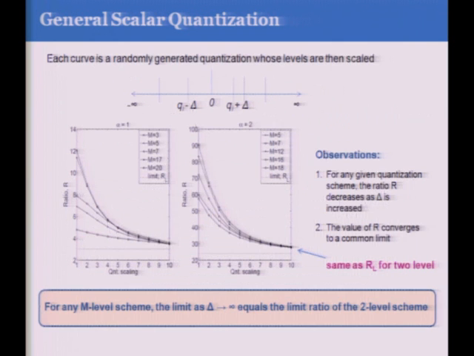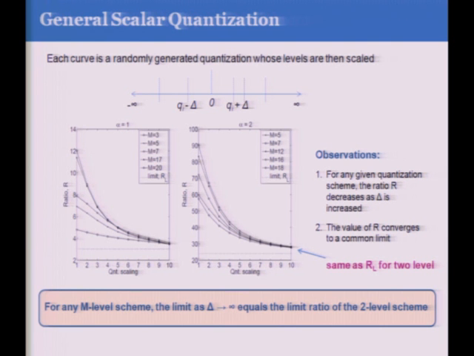Now, let's play the same trick again. In this plot, I randomly pick some m and randomly generate some quantization levels, so each of these curves is a random m and random quantization levels. The y-axis is the ratio r, the efficiency number that you can compute.